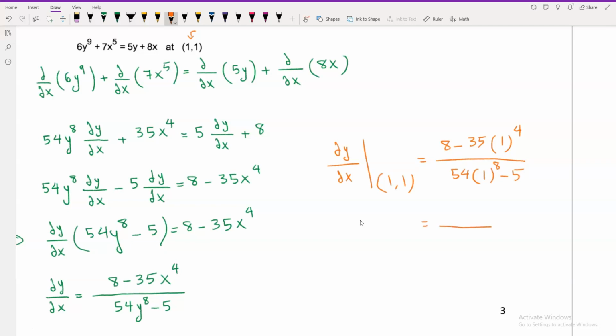So this is equal to 8 minus 35 divided by 54 minus 5. So the answer is negative 27 divided by 49. So here is our final answer, and that is our slope.